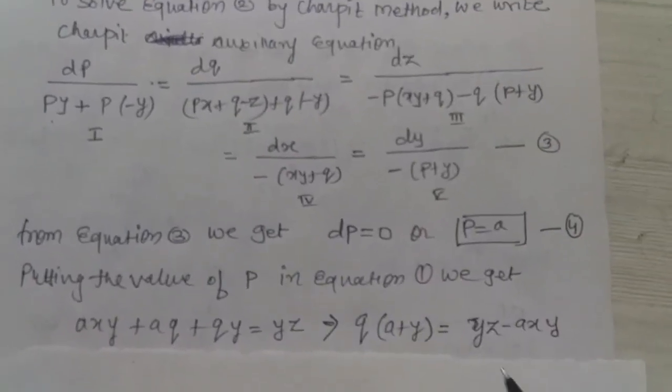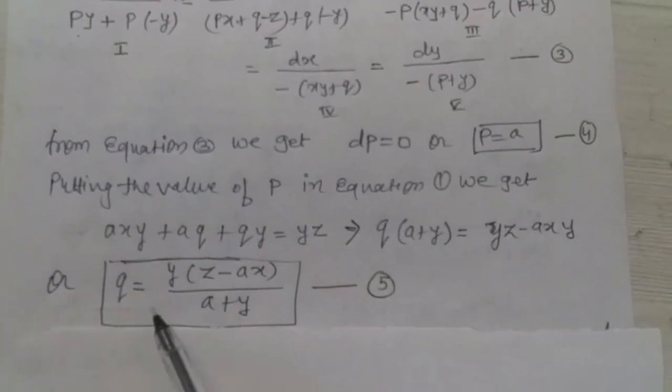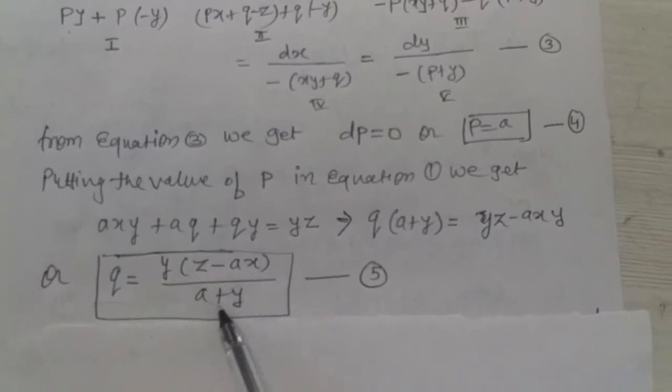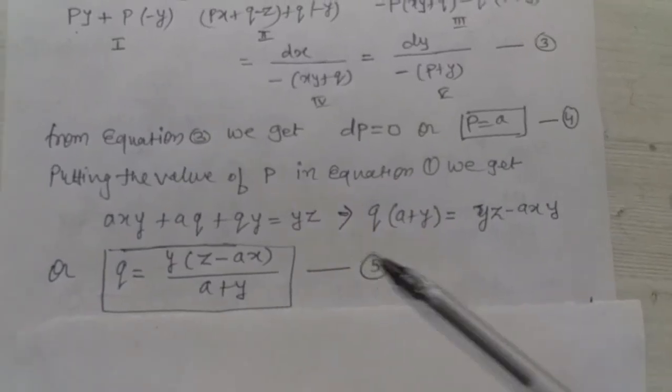Now from this we get the value of q. So q is y multiplied by z minus ax upon a plus y. So we get the values of p and q.